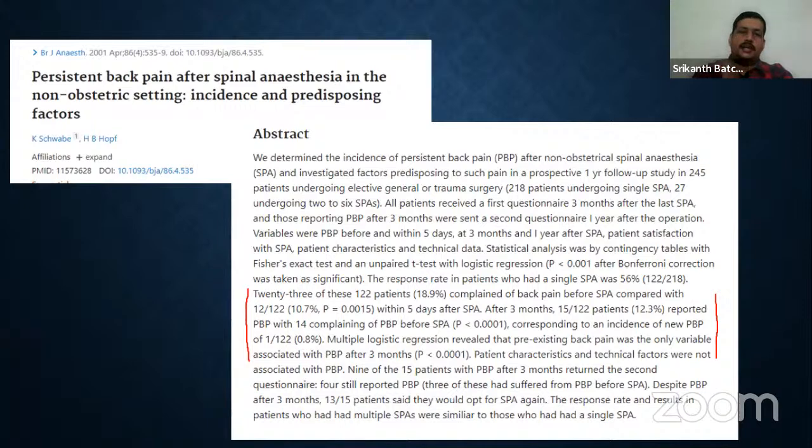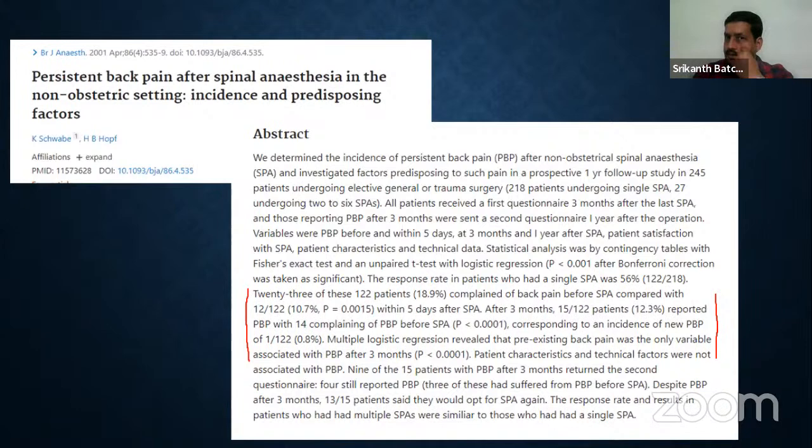In this study, they followed up the patients for a full 1 year following neuraxial anesthesia. This was published in 2001 in the British Journal of Anaesthesia.